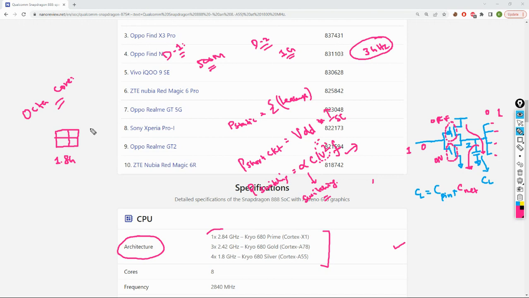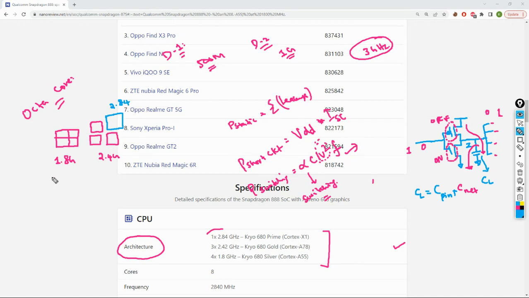Now there will be 3 which are at 2.4, and there will be one more which is at 2.84.